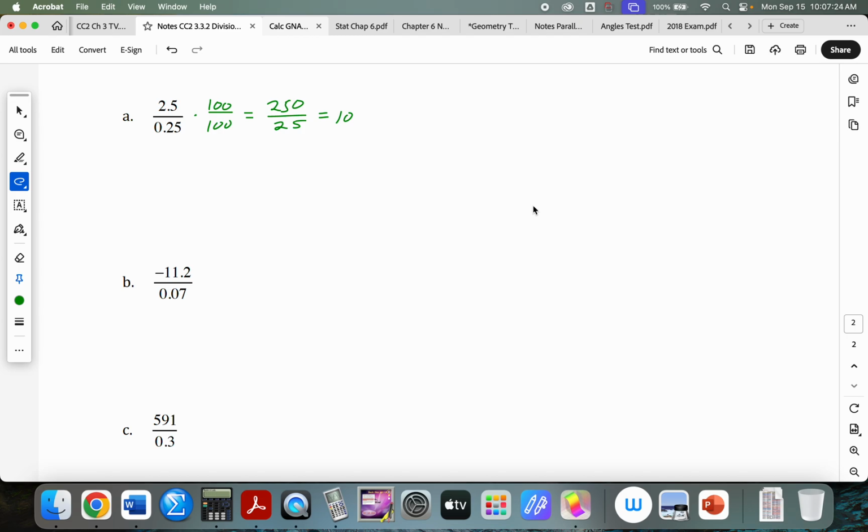When you get it the other way, would it be 0.01? Nope. All right, so if you do it the other way, you have 0.25 divided into 2.5. You move the decimal 2 places to the right, so you have to move this decimal 2 places to the right. So your decimal is here.